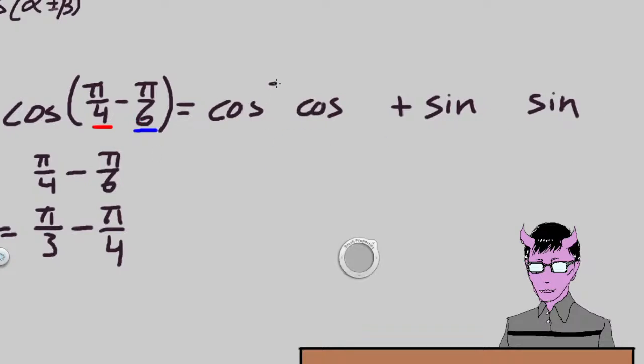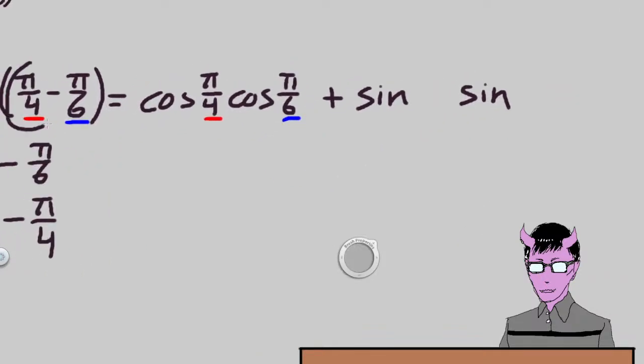For this one, since it's cosine and cosine, it doesn't technically matter which order, but just to have some sort of order to this chaos, I'm going to stick the red one first and then the blue one second. I think it makes it easier for me to keep track. The pi over 4 is first, so I'm going to put it right here.